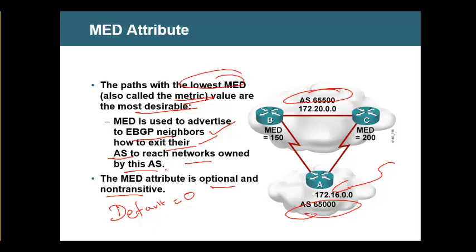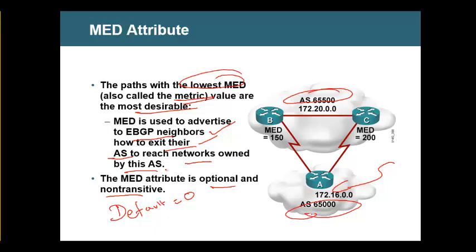Next person. So, MED has more preference when it is a lower value.